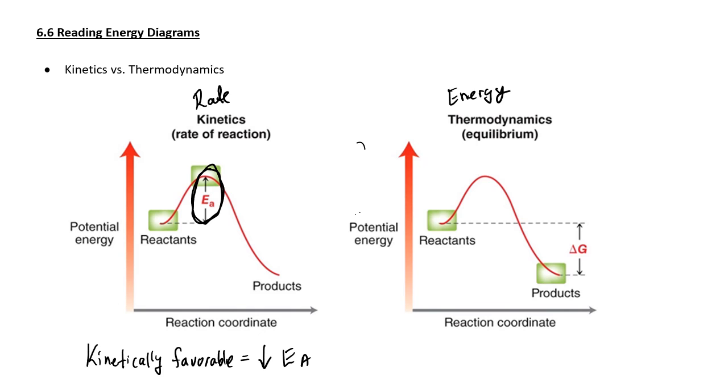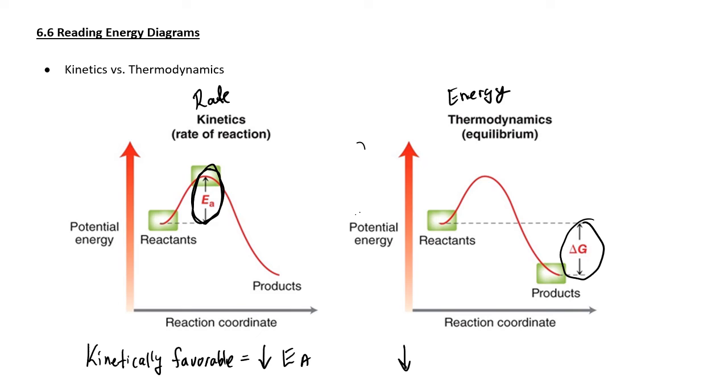And in terms of thermodynamics, we're not looking at the activation energy. We care about the overall change in energy. It could be enthalpy, it could be delta G. It really doesn't matter. But it's a change in energy. So the more energy that's released, the more thermodynamically favorable it will be.